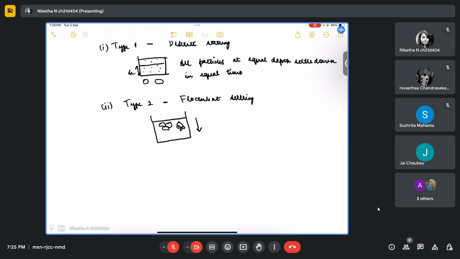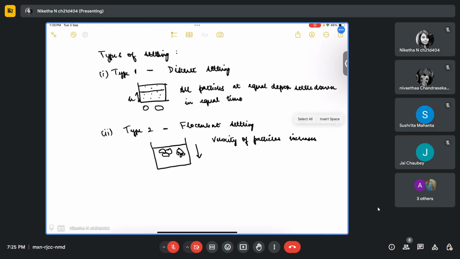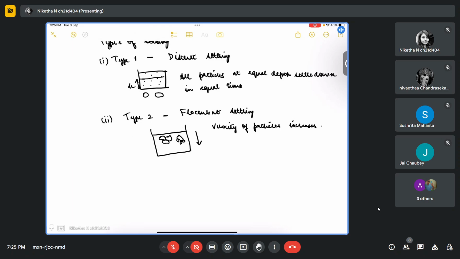So when the particles are heavier, the time required for settling will reduce, and that happens because the velocity of the particles will increase. Okay, so this will increase along with the depth.